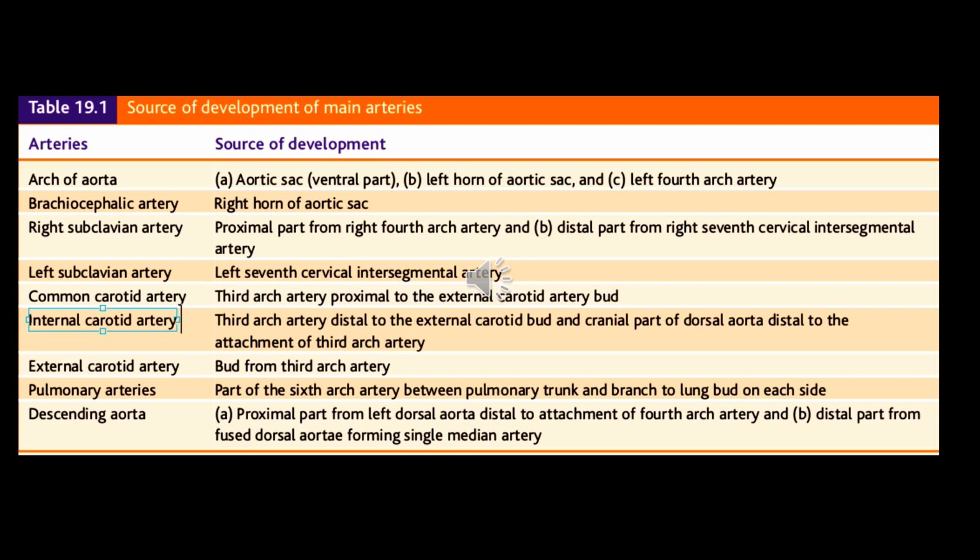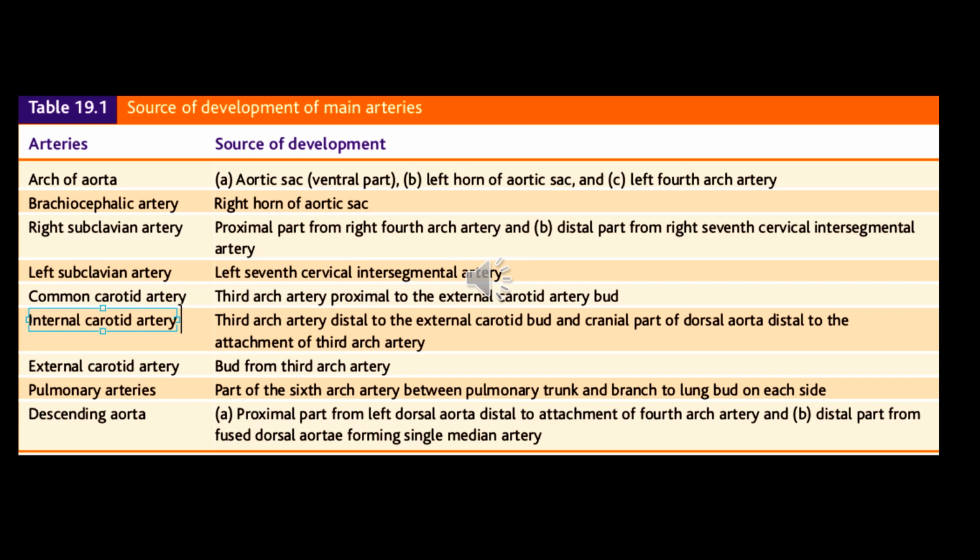Internal carotid artery, we have mentioned, is the continuation of the dorsal aorta beyond the attachment of the first arch artery. And pulmonary arteries, once again, sixth arch artery, and descending aorta. Now, where the arch of aorta ends, the descending aorta shall begin.